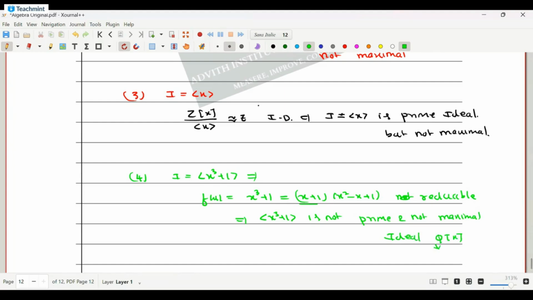Why? Here Q is a field, so I can use that theorem: if F is a field and generated by f of x is an irreducible polynomial, then the ideal generated by f of x is a maximal ideal and prime ideal in F over x.